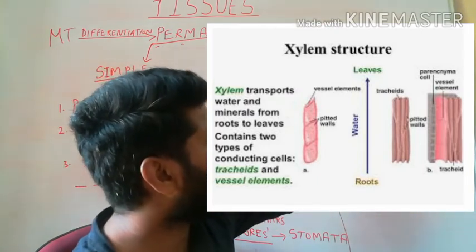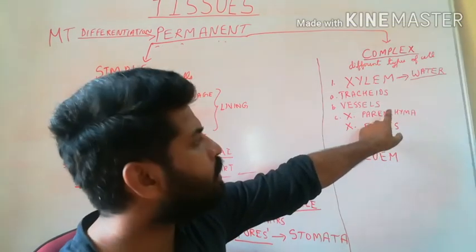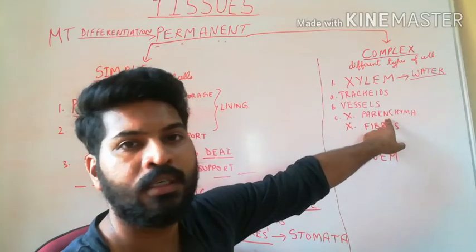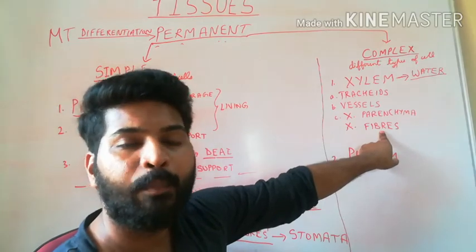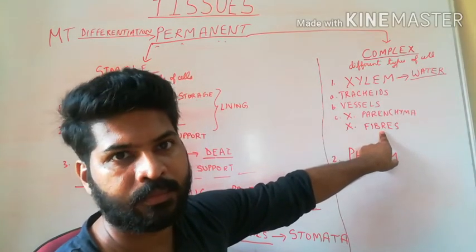Whereas the xylem parenchyma will store some amount of food because it is parenchyma tissue, as you have already seen. So it is storage tissue. The xylem fibers are meant for providing mechanical support and strength.